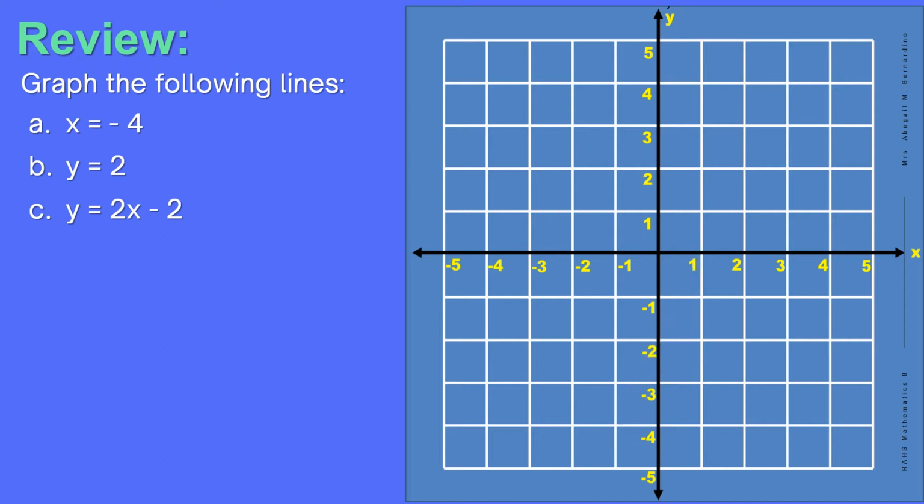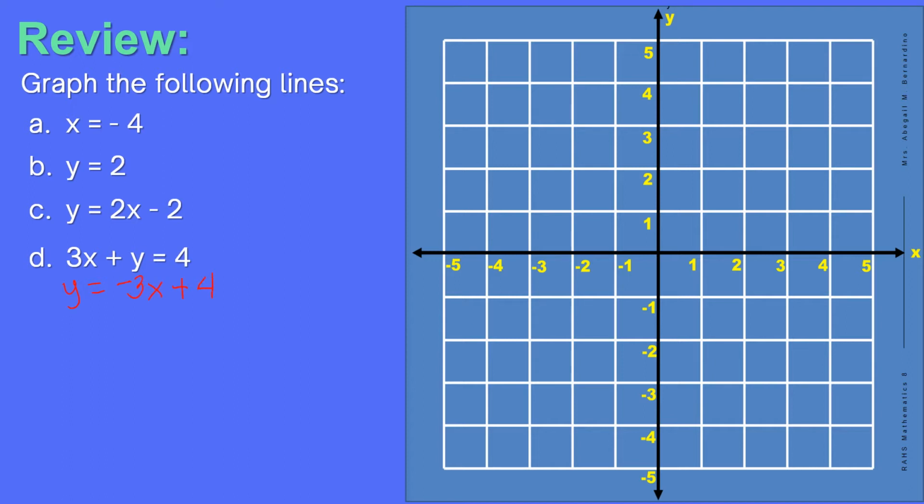Next, we have letter D. 3x plus y equals 4. So, we're going to change the given equation into slope-intercept form. So, we have y equals negative 3x plus 4.